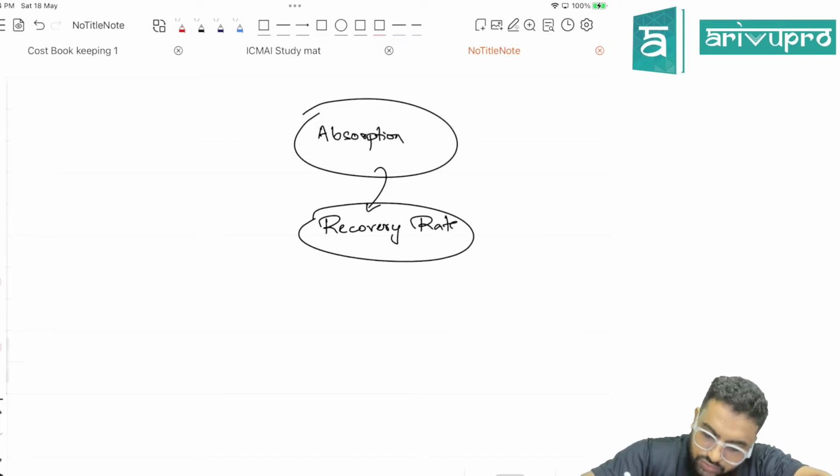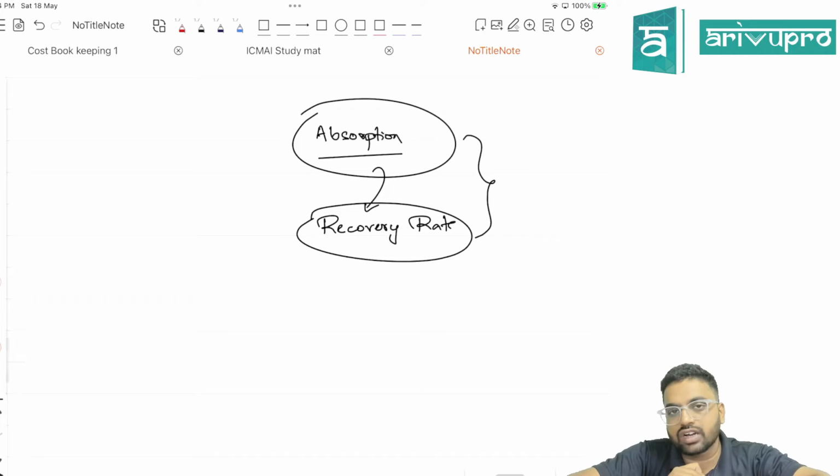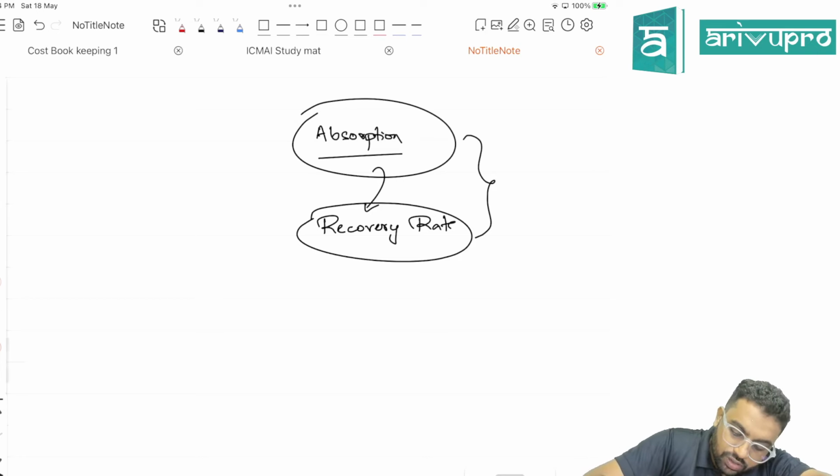Because that will not be added in the direct expenses, but we have incurred it to produce the product, so we should recover it. How will we recover, sir? The process is called absorption. The process of recovering the overhead expenses from the units produced is absorption. How do you recover, sir? Very simple. We will be having a predetermined rate.